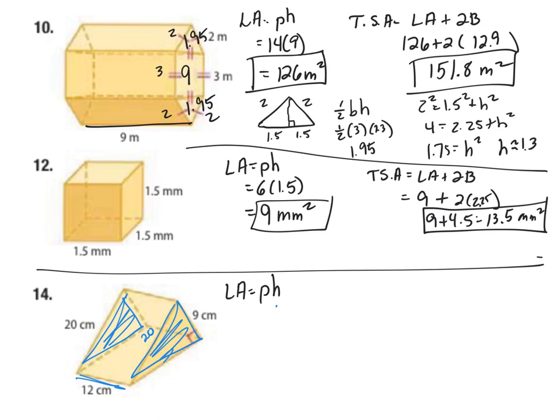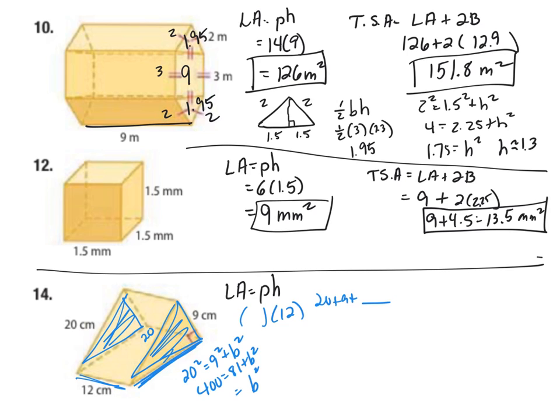is 12. Let's find the perimeter. The perimeter is going to be 20 plus 9 plus this right here. So let's Pythag to find out what that segment is. 20 squared equals 9 squared plus b squared. 400 equals 81 plus b squared.